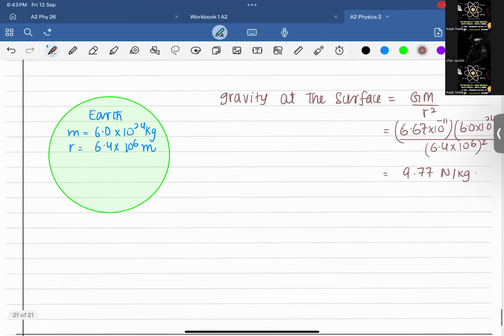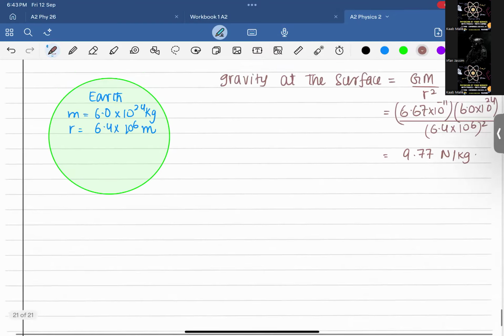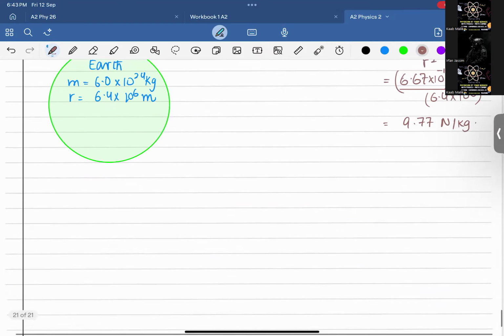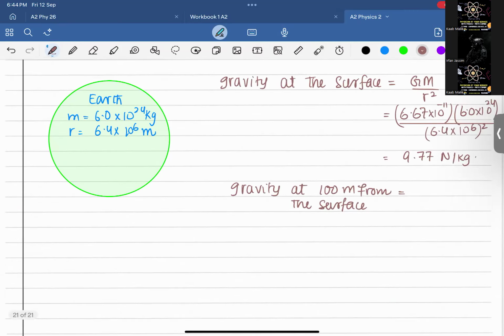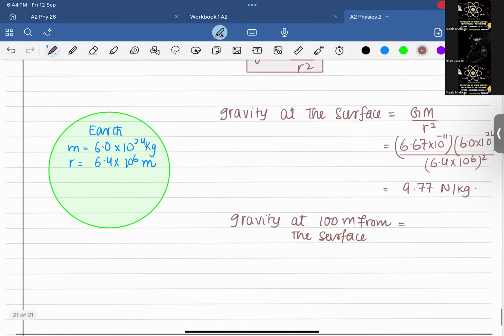If I find the gravity 100 meters from the surface, it will be just the same thing.